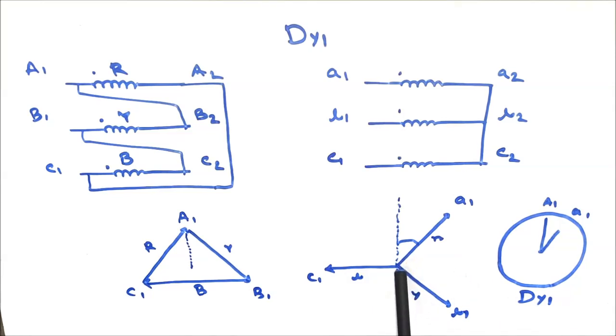If I draw a vertical line towards the 12 o'clock or 0 o'clock position from the star point, the red phase will be at 1 o'clock, or 30 degrees lag from 12 o'clock. So you can see the LV side winding induced EMF lags by 30 degrees that of the HV side winding induced EMF, and that is why it is called Dy1.